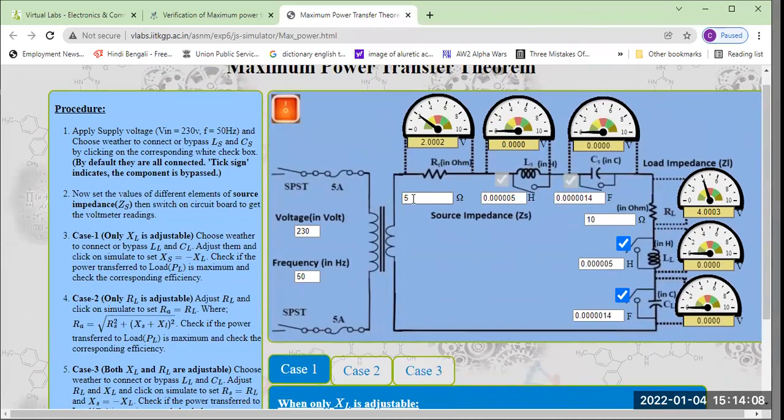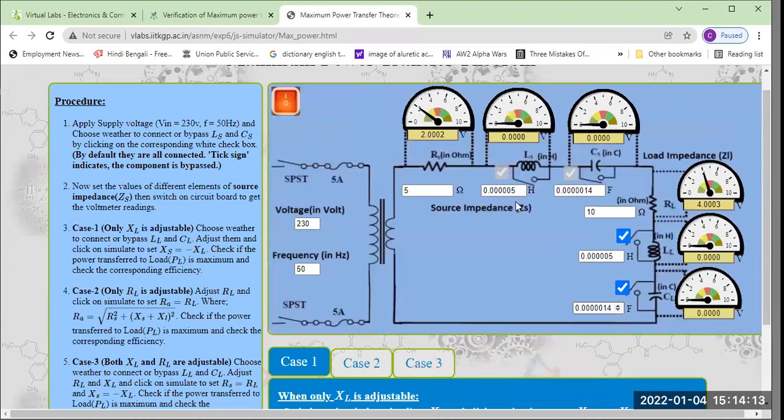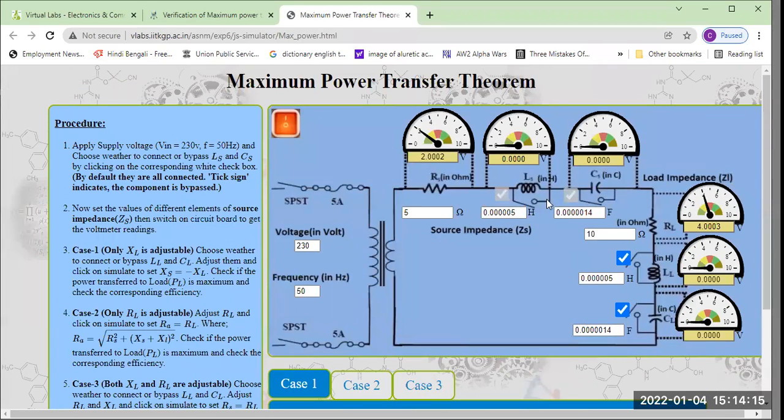You can see the source resistance is 5, the load resistance is 10, and the others are the same. It may be the same, or you may just bypass it.